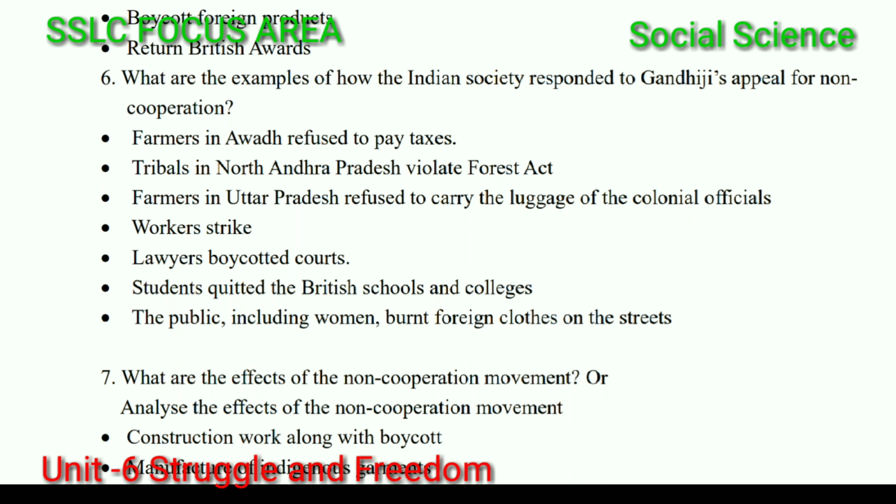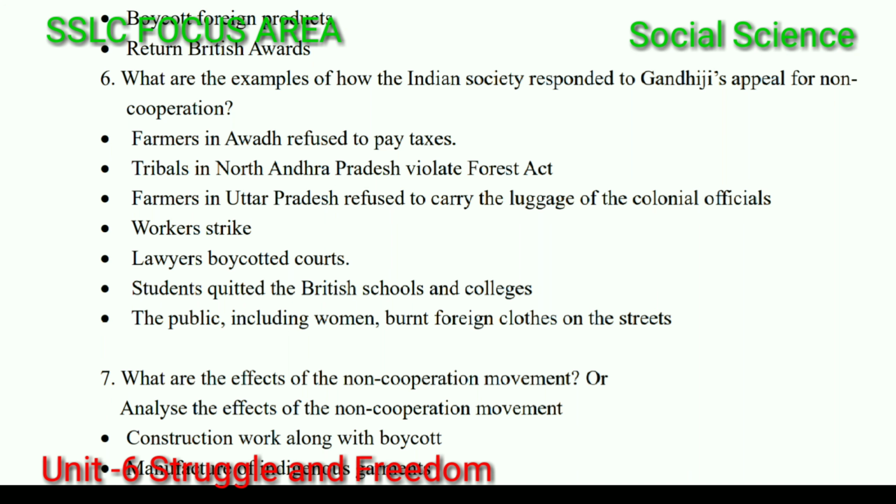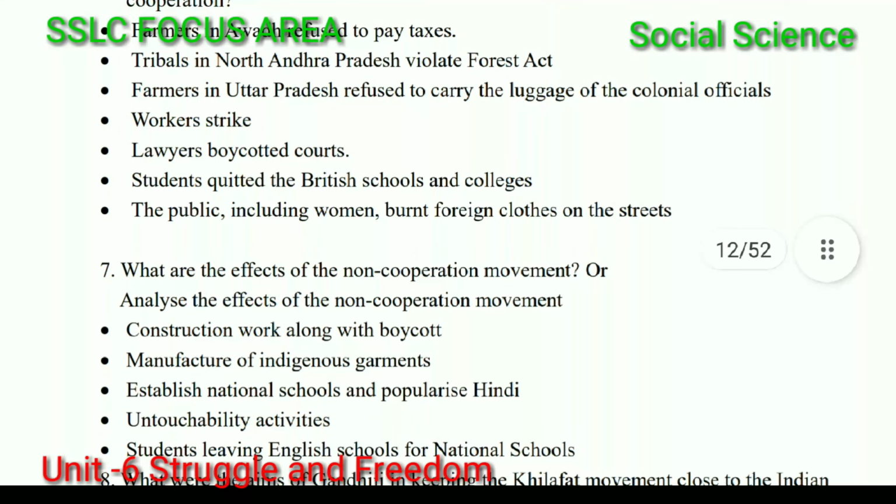Farmers in Uttar Pradesh refused to carry the luggage of the colonial officials. Workers went on strike. Lawyers boycotted courts. Students quit the British schools and colleges. The public, including women, burned foreign clothes on the streets.